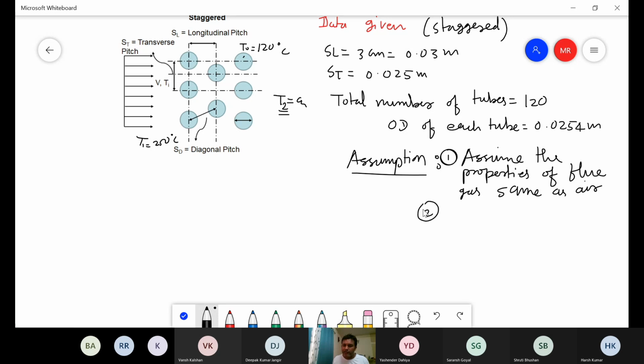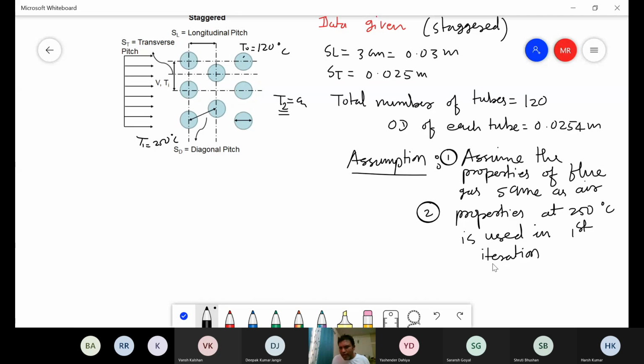The second assumption is: properties at 250 degrees Celsius are used in the first iteration.